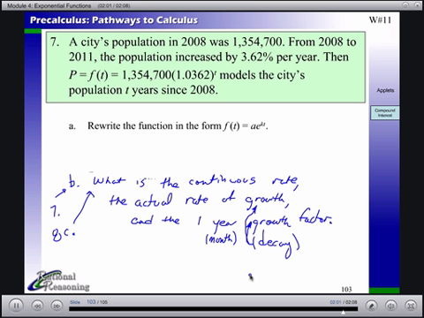Exponential functions are a, b to the t, in this case t, but it could be x. So what we're given here is a, b to the t. So we need to know how these match up. How do they match up?